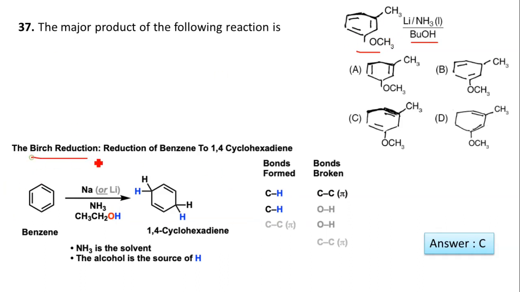In Birch reduction, 1,4-cyclohexadiene is formed. Here what happens, you see, you take benzene.